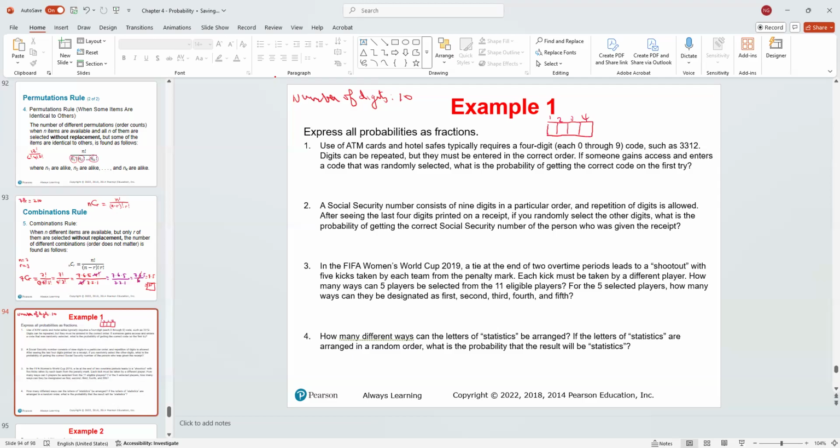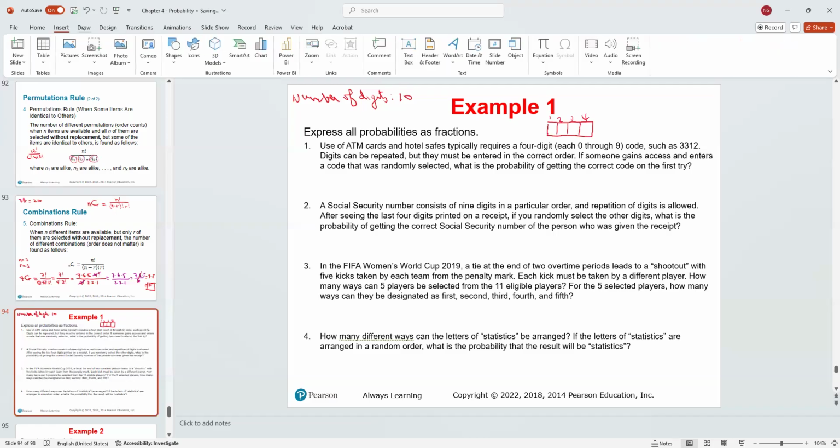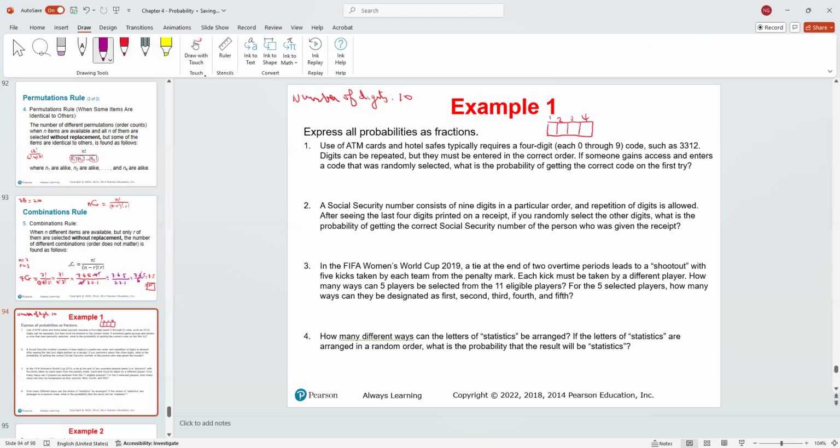Now, with 10 digits, what is the probability of getting the first digit correct? It's very simple: 1 out of 10, because you have 10 digits. What is the probability of getting the second one correct? 1 out of 10. Remember, they said you can repeat.